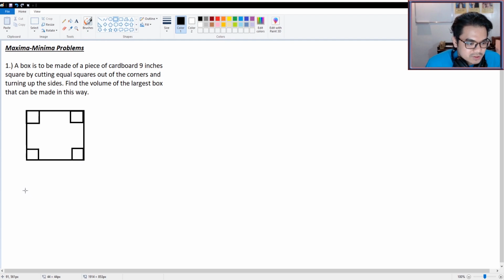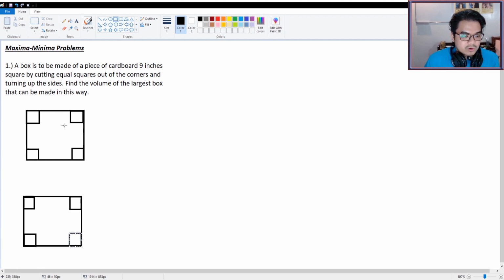I'll draw another one so that you can see the byproduct. So, cutting out squares. This is the initial look of the cardboard, and you have to cut out squares in each of the corners.